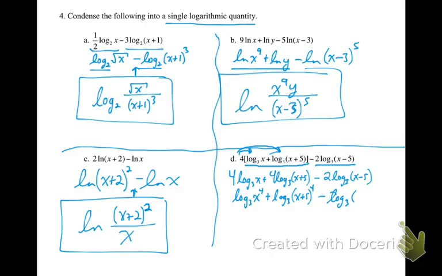And we're going to have x minus 5 to the 2nd power in the denominator. So let's rewrite this as one single logarithmic quantity, base 3, x to the 4th, x plus 5 to the 4th, over x minus 5 squared.